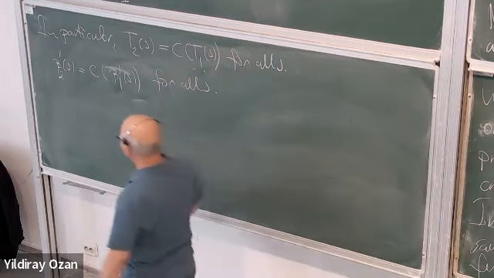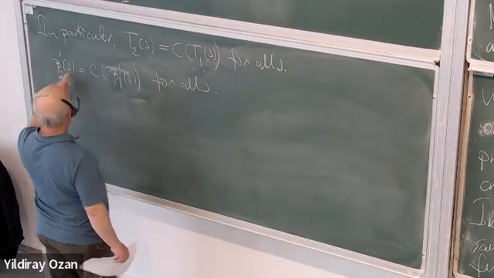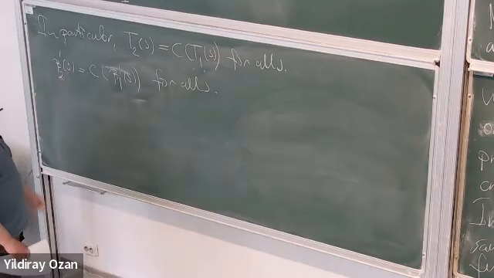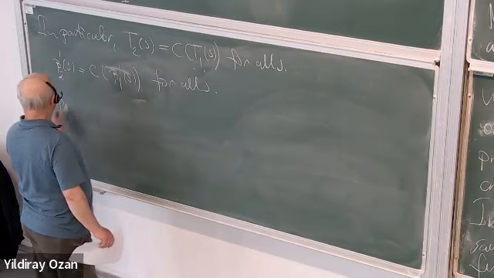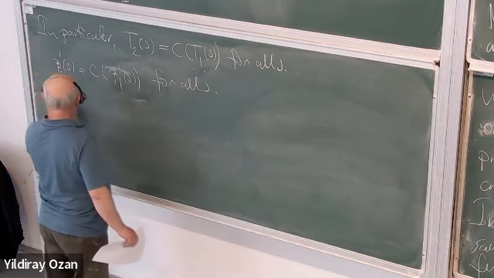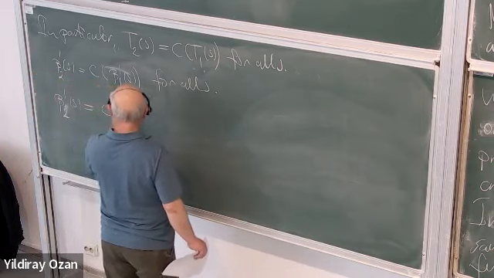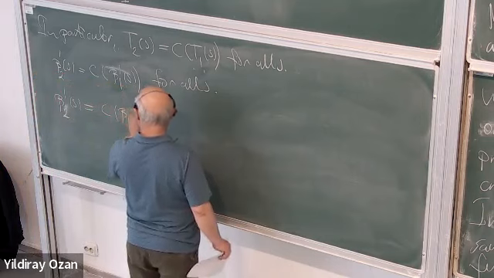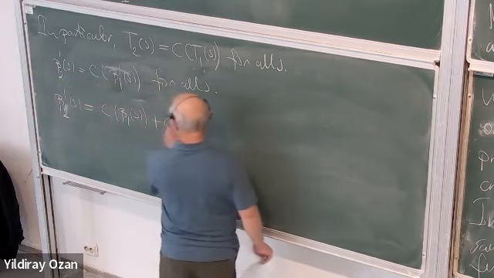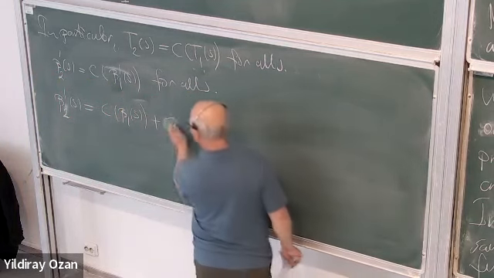Therefore, they are the same. Okay, so this means beta 2(s) is just C times beta 1(s) plus a constant vector, okay?